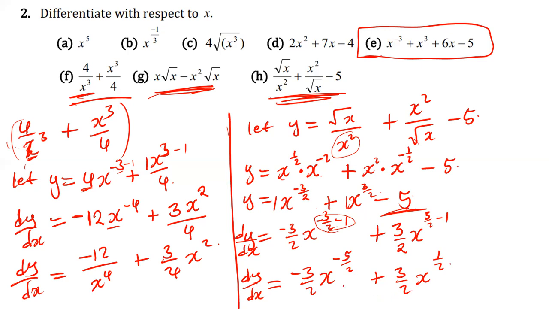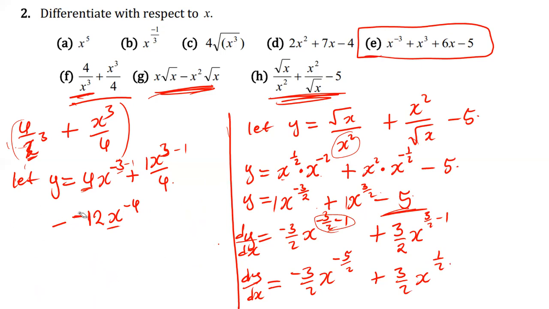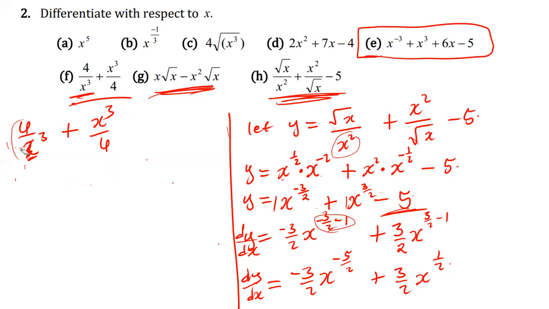If you want, you can simplify this further. Let me simplify it from this side. But otherwise, this is the final answer. But for the sake of any more maths, you can simplify that further.